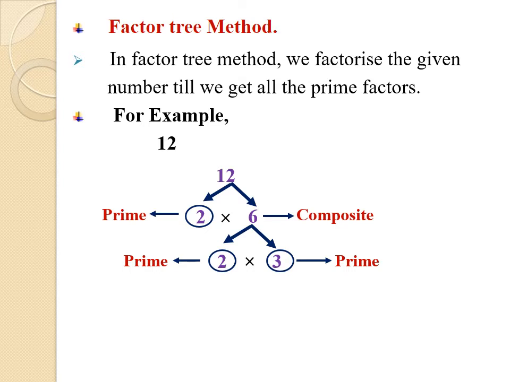Thus, prime factorization of 12 equals to 2 multiplied by 2 multiplied by 3. Students, note that I encircle only the prime numbers while factorizing the number. Also note that the prime factorization of every number is unique.